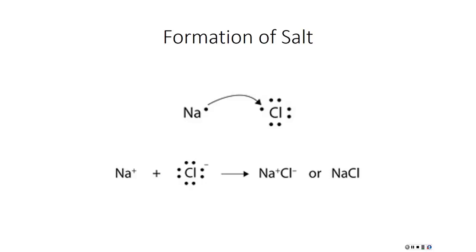So sodium here has 1 valence electron that it wants to get rid of. Chlorine has 7 and it wants to take 1, so sodium says, great, I'm going to give up my electron over here to fulfill the octet of chlorine. That's going to make the sodium happy because it has 0 valence electrons. It's going to make the chlorine happy because it now has 8.